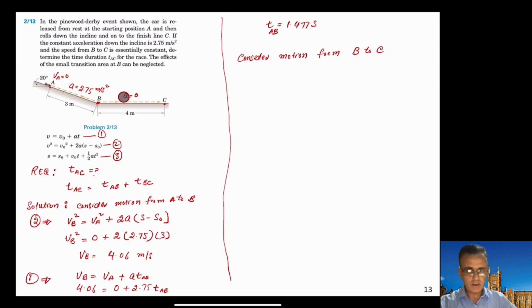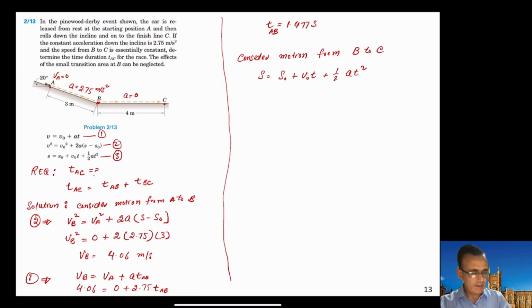Now we need to calculate the time here, and you can use different equations. The first equation you cannot use because the acceleration is 0 and the two velocities are the same, so it will be useless. You can use the third equation, which is s equal to s naught plus v naught t plus half a t squared.